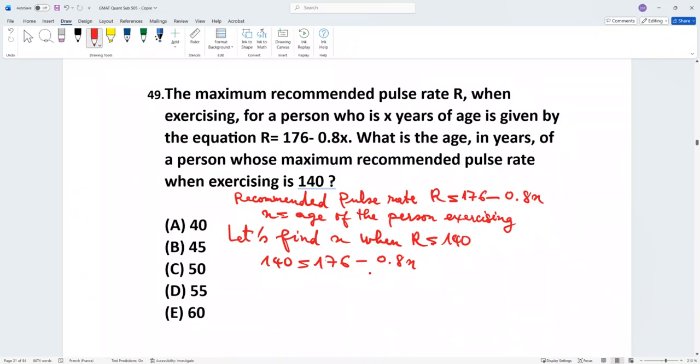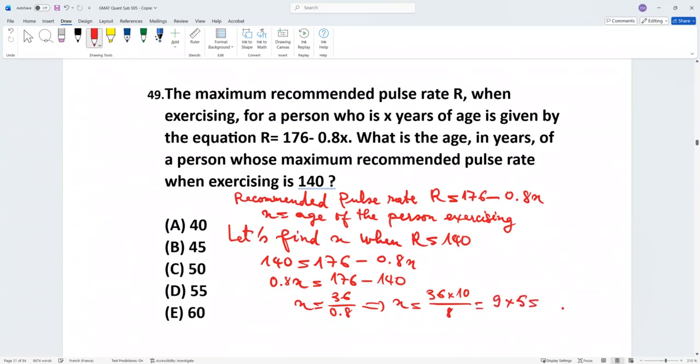So 0.8x is equal to 176 minus 140. Then x is going to be equal to 36 over 0.8. And then x is equal to 36 times 10 over 8, which is equal to 9 times 5, which is equal to 45 years. When you simplify here, you find 9 times 5. 45 years is answer B.